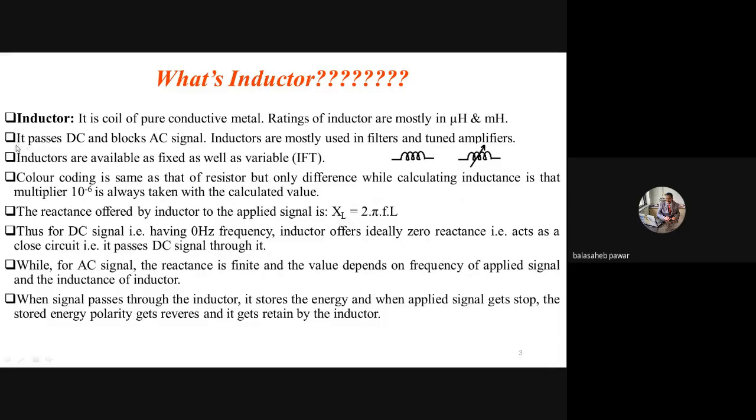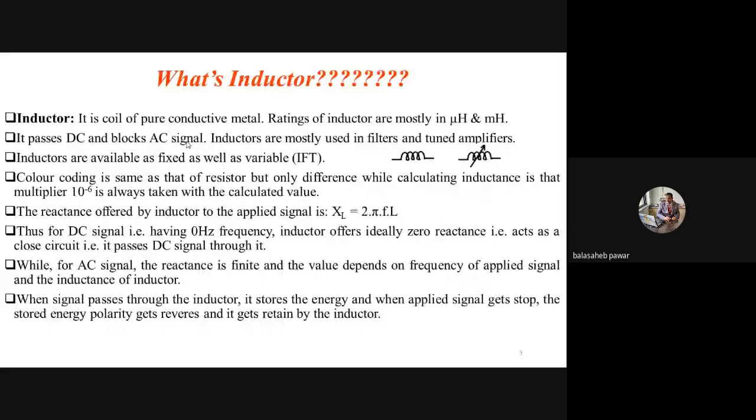Now see, in the second point, I mentioned it passes DC and blocks AC signal. Just recall the example, I think I might have taken it in the next slide. Here we will try to conclude it. If the inductor is connected in series with an AC signal source and a load RL, just imagine it.